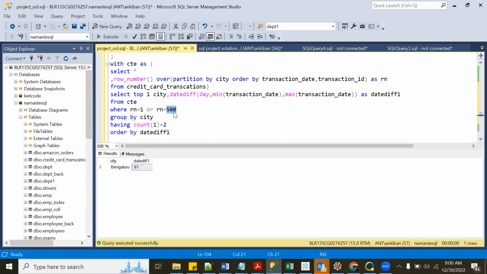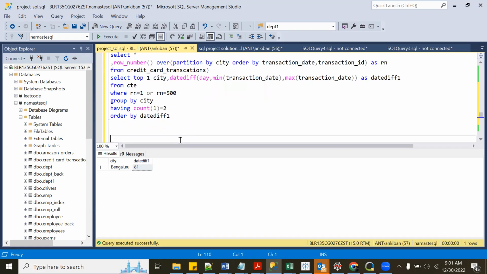Okay. So first you have to write a user-defined function maybe to identify whether it's a leap year or not. So you will define a function, create function, give a function name, and take input as a transaction date.